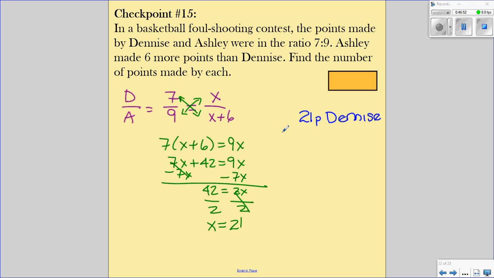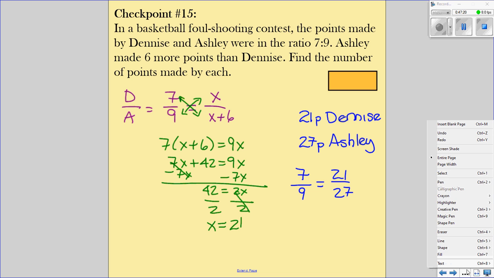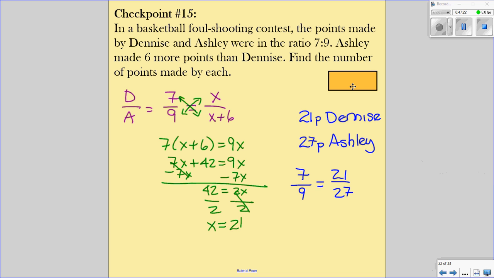And then for Ashley, 21 plus 6 will be 27p for Ashley. So it would be in proportion to 7 to 9. So 21 and 27, simply multiplying by 3. This might be a little bit confusing because, again, I did not use the x.